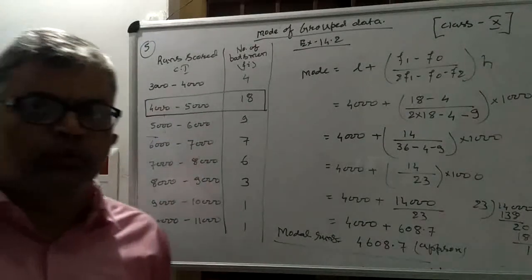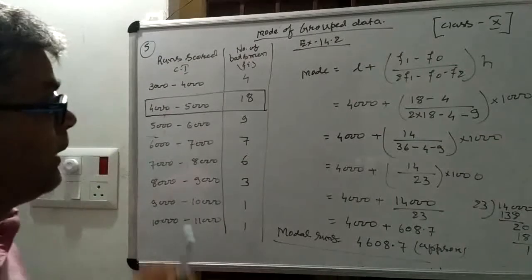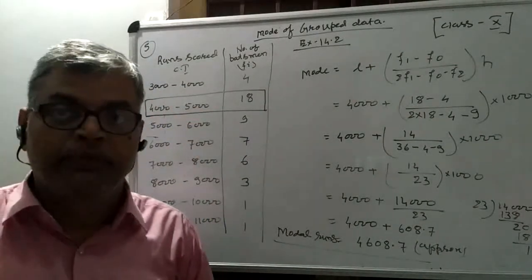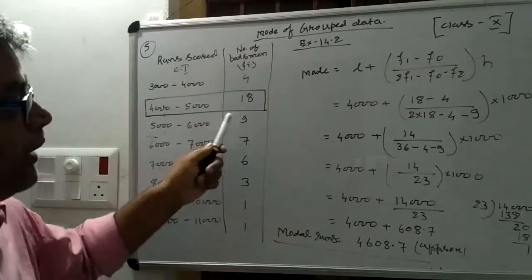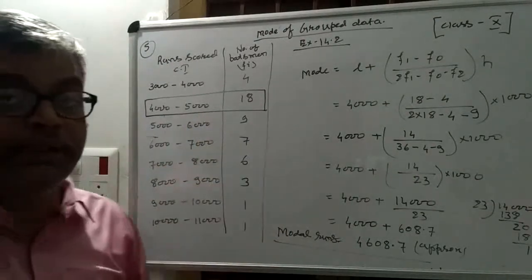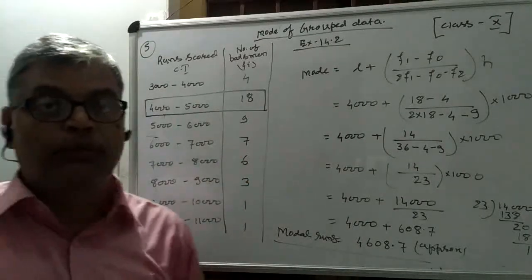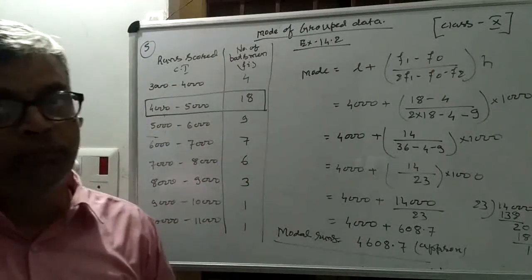This is a very simple question. I again repeat that first you look at the frequency table. The maximum frequency's corresponding class interval will be the modal class.